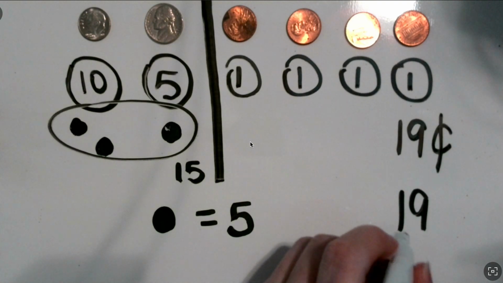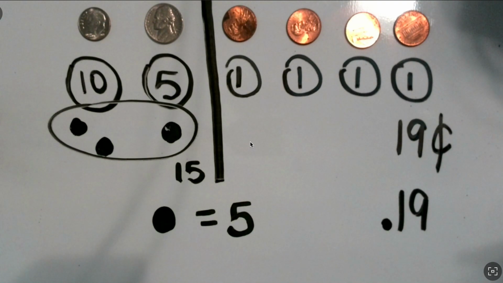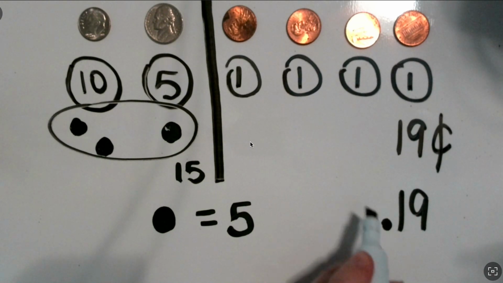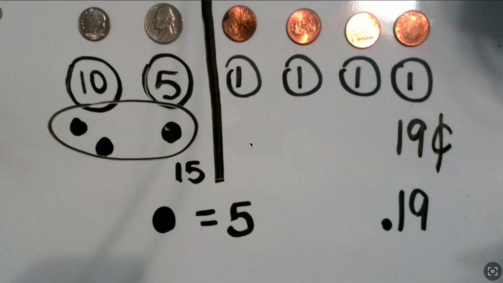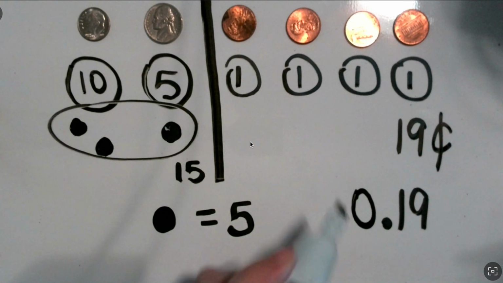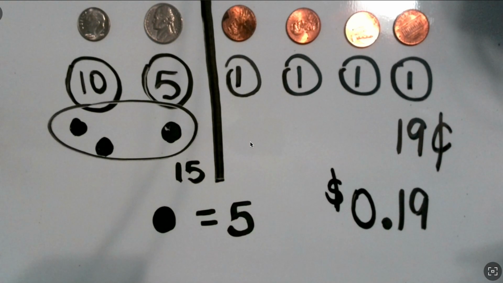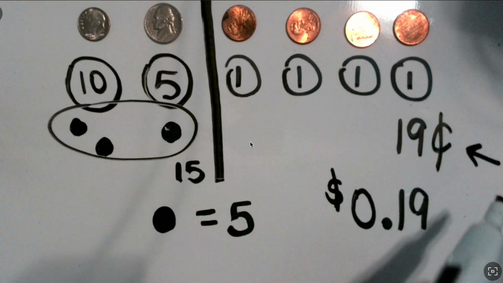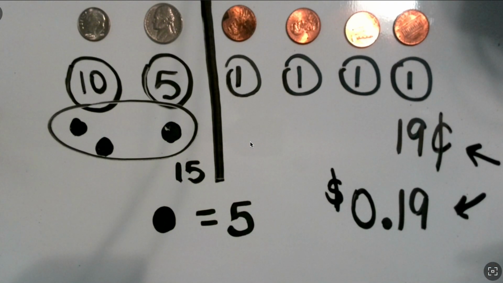The decimal point always goes right before your change. And then we need to put a number of how many dollars we have here. How many dollars do I have? I don't have any dollars, so I'm just going to show that I have $0, and then I can write my dollar sign. So I've shown it with the cent sign, and I've shown it with the dollar sign.